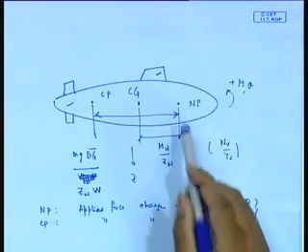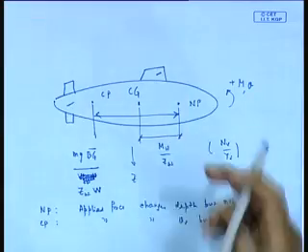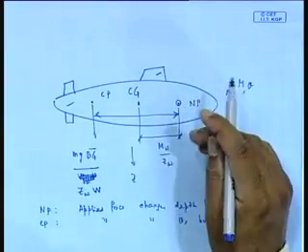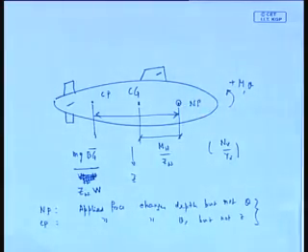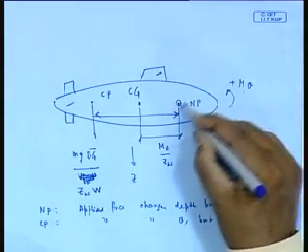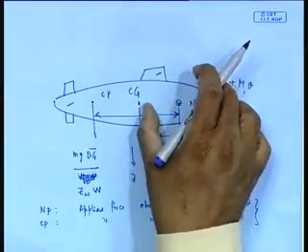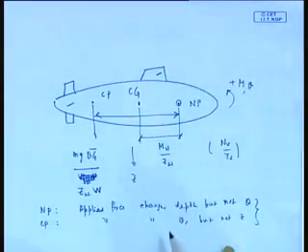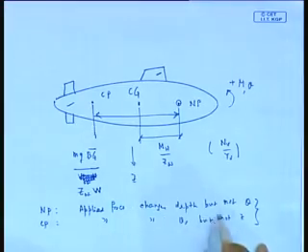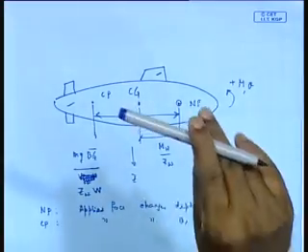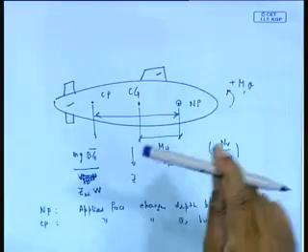Suppose I have a control plane here. If I apply the control plane up and down, it will change depth but not theta, so it will just go up and down.